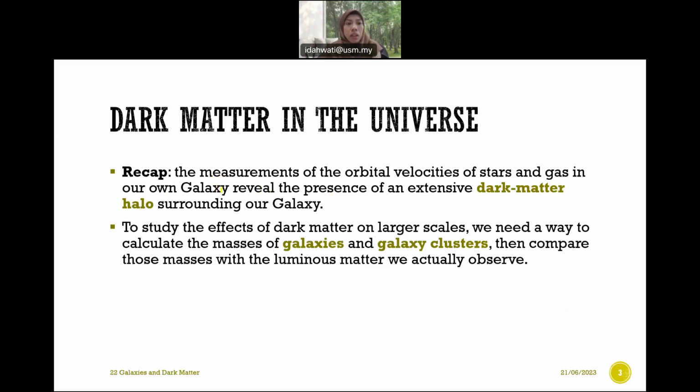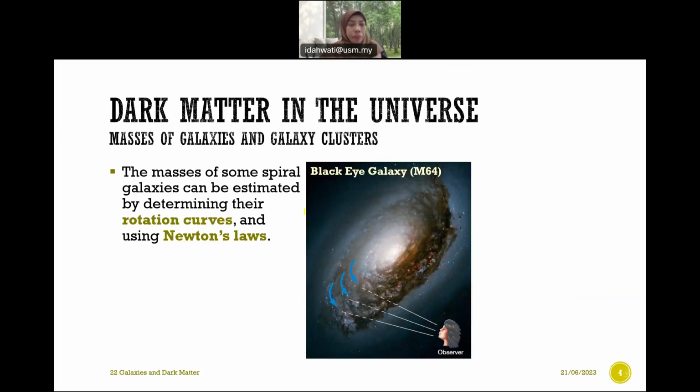Okay, so maybe we can recap. For the previous lesson, we learned about the dark matter halo, the surrounding of our galaxy. To study the effect of dark matter on the large scale, we need a way to calculate the masses of galaxies and galaxy clusters. This figure here is the Black Eye Galaxy, M64.